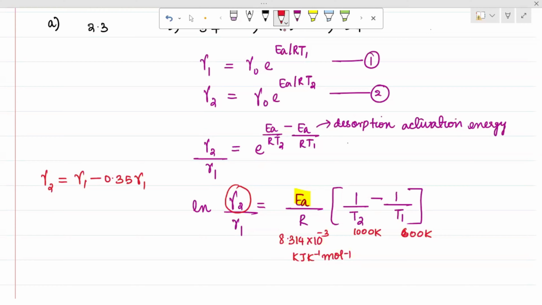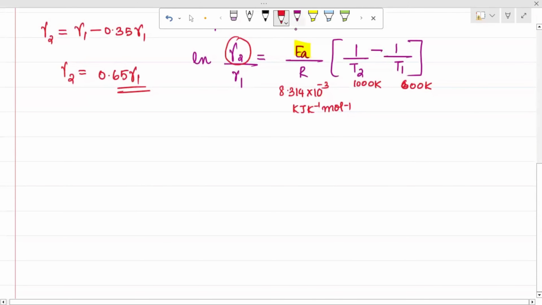Now, 35% in numerical value means 0.35. It is reduced, so you have to subtract 0.35 gamma 1 from gamma 1. That's it. So gamma 2 is equal to 0.65 gamma 1. You can substitute that.